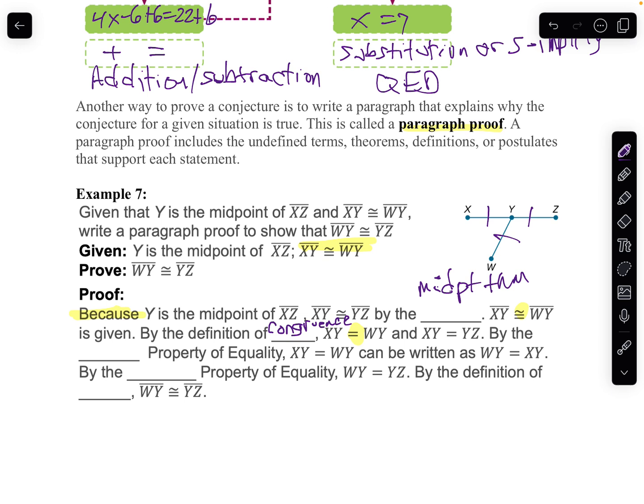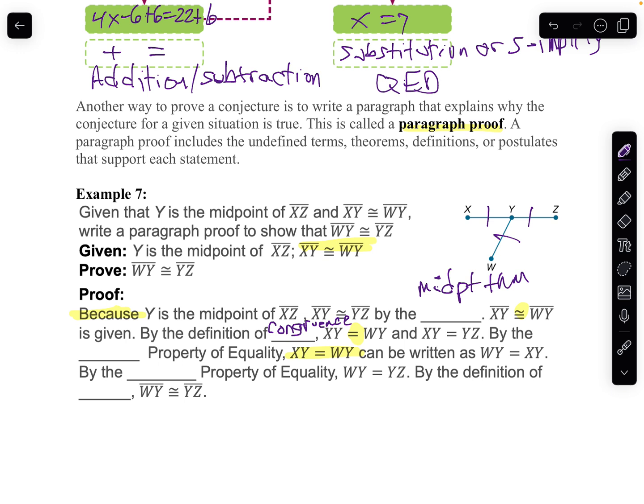So xy equals wy and xz equals yz. So then I'm going to replace, aren't I? And I'm going to get xy equals wy. Why can I say that? Well, and xy equals wy.